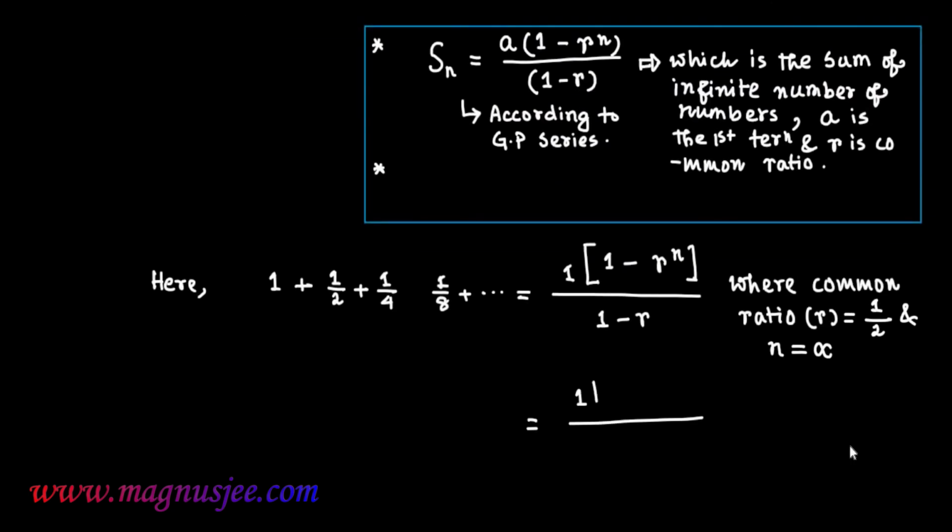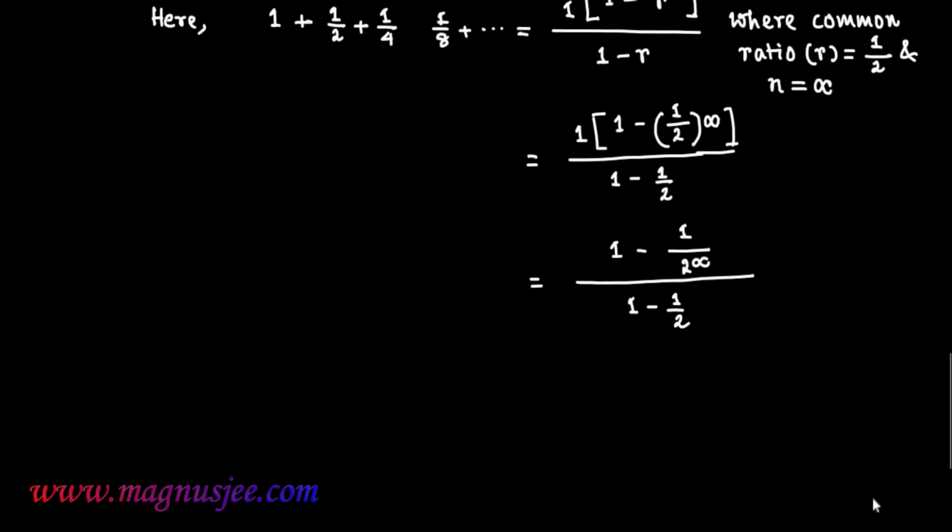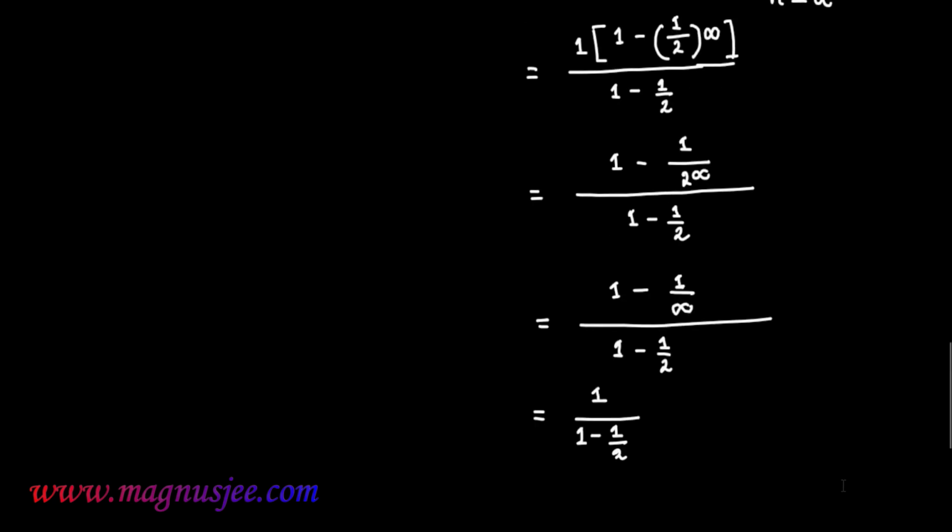Therefore 1 into 1 minus 1 by 2 whole to the power infinity bracket close divided by 1 minus 1 by 2 equals 1 minus 1 by 2 to the power infinity divided by 1 minus 1 by 2, which equals 1 minus 1 by infinity, because 2 to the power infinity is infinity, divided by 1 minus 1 by 2. That is 1 divided by 1 minus 1 by 2.